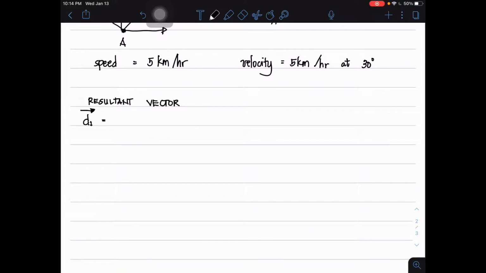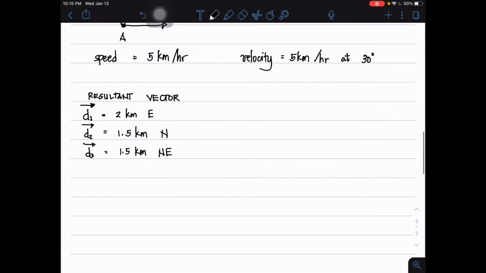Let's say displacement 1 is equivalent to 2 kilometers east. Displacement 2 is 1.5 kilometers north. Displacement 3, let's say, is 1.5 kilometers northeast.